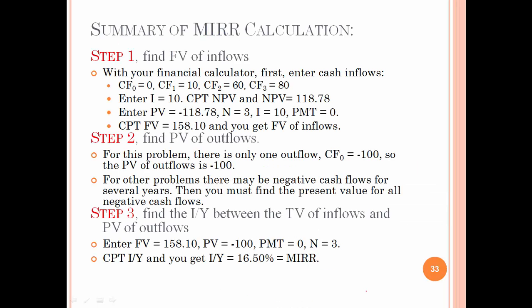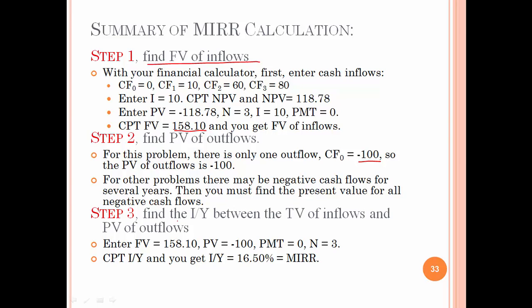To summarize the MIRR calculation, step 1, you find the future values of all cash inflows. You don't necessarily have to follow the steps here. You can just simply calculate the future value of every cash inflow and then sum them up. You get 158.1 in our example. For step 2, you find the present value of the cash outflows. In our case, it's simple. It's just $100 at time 0, so it's 100.